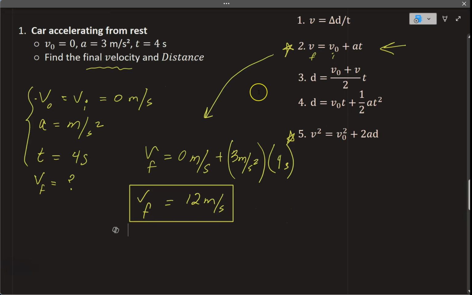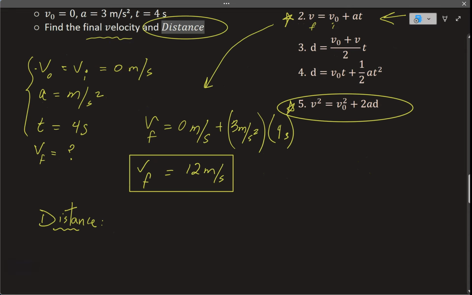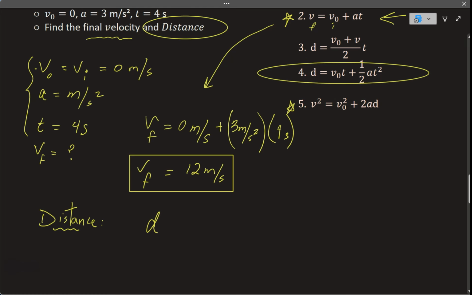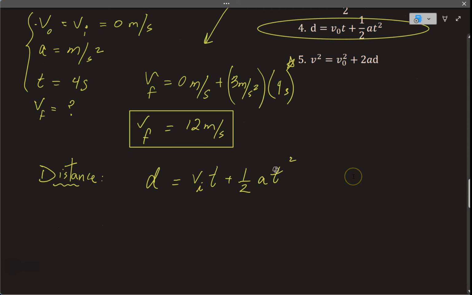Now, the question is the distance. Can we find the distance? Well, this is very easy. For distance, instead of number 5, we can use number 4. That's the displacement: v naught t plus 1/2 at squared. Now we're just going to plug numbers in.